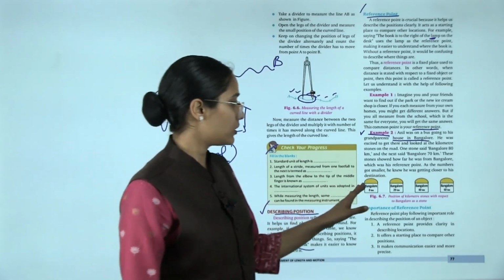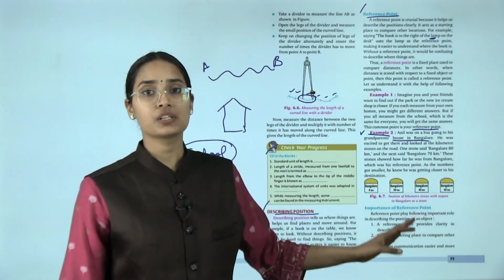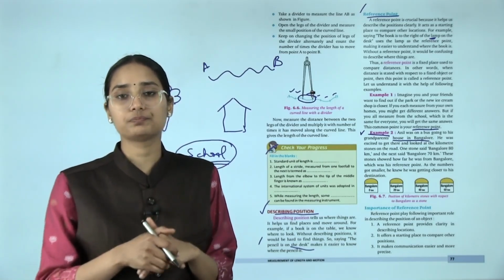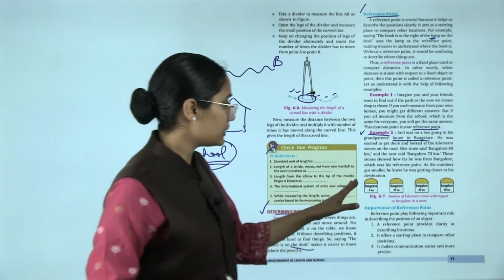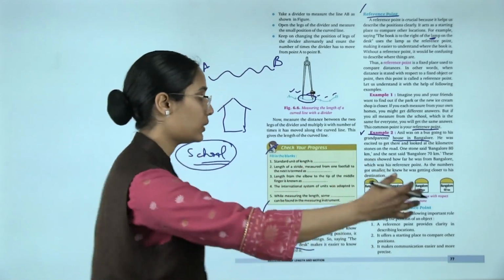Now let's say we all have traveled on roads and we have also seen these stones, telling us the distance left towards our destination. So these are all reference points with respect to our destination.